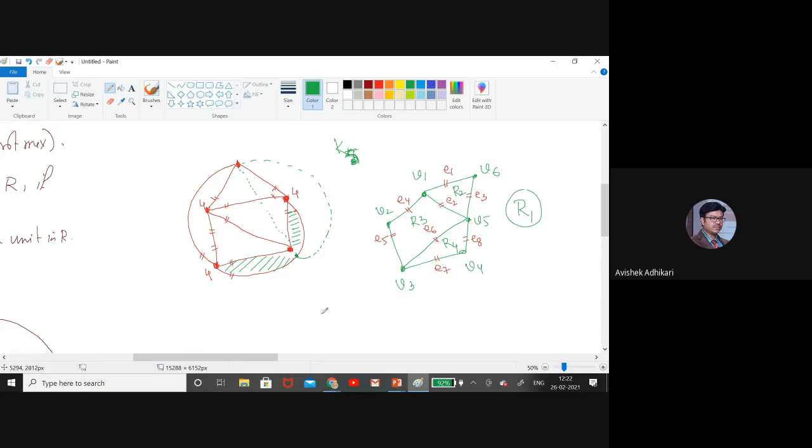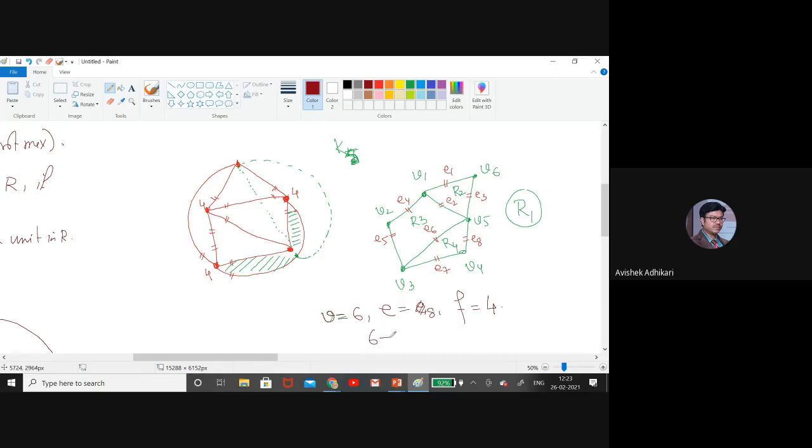So what is V? The number of vertices here is six. E is the number of edges, and there are 8 edges. And the number of regions, or faces, equals 4.